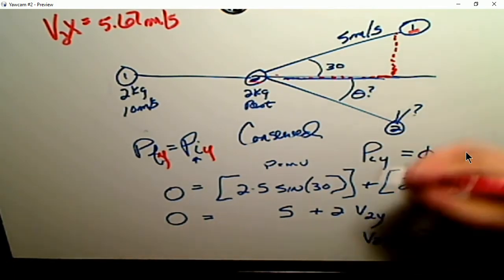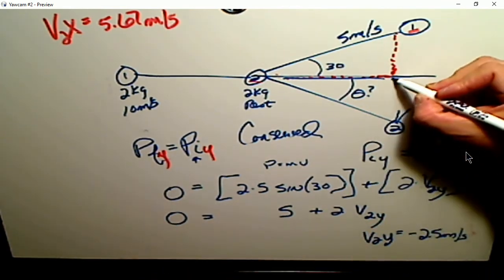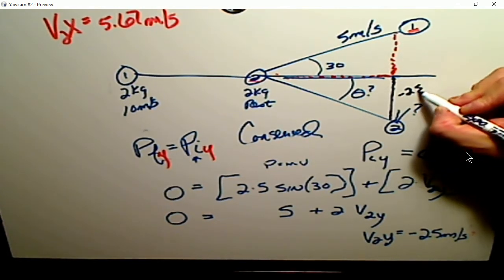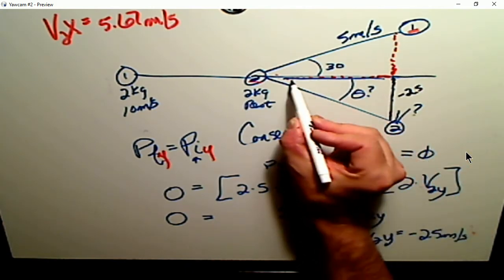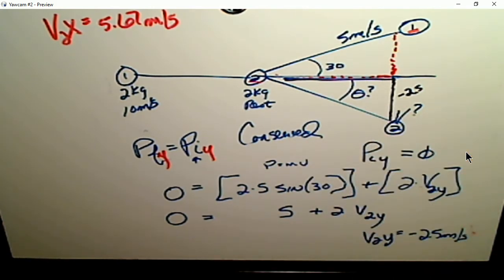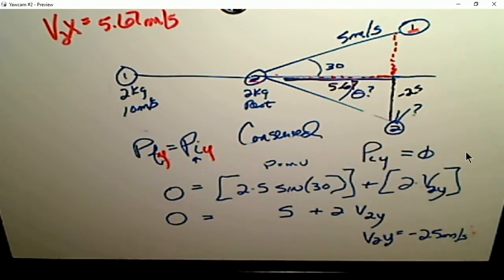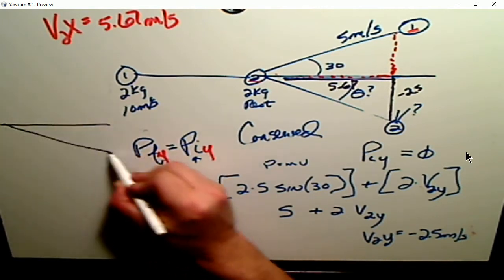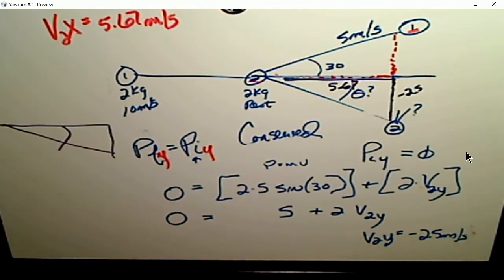So we know this part here, let me see if I can draw this in another color, is negative 2.5. The strength is 2.5. And we know this part here for this ball is 5.67. How do I get that angle?